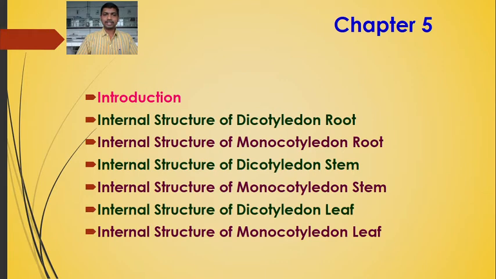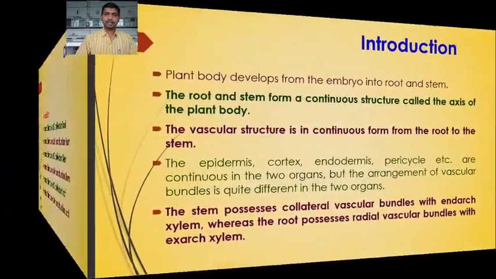Similarly, the internal structure of monocotyledon root, then internal structure of dicotyledon stem and monocotyledon stem, and lastly the internal structure of dicotyledon leaf and monocotyledon leaf. So one by one we are going to study the internal structure of the primary plant body, that is the root, stem and leaf. Okay, so the first point is the introduction to this chapter.